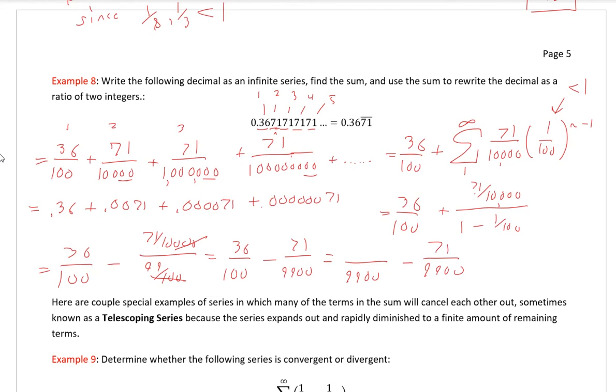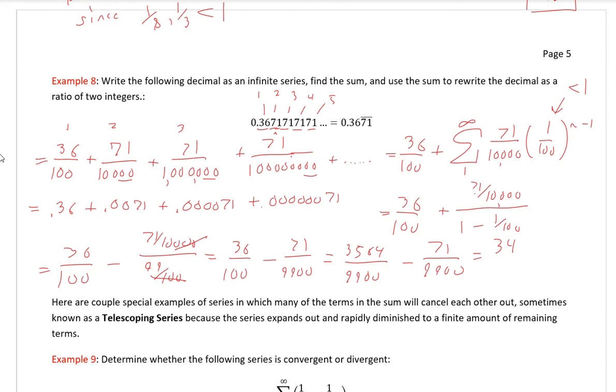If I multiply 36 times, in this case, 99, what I get is 3564.